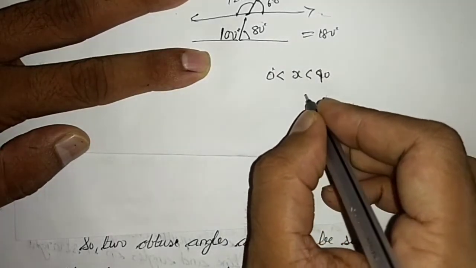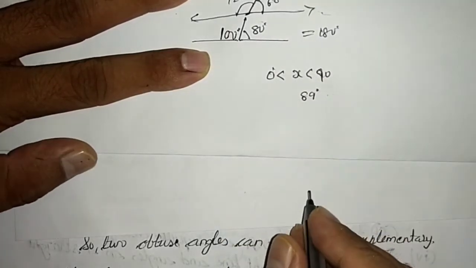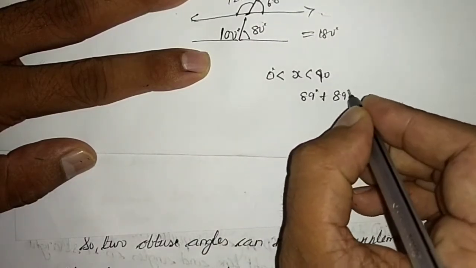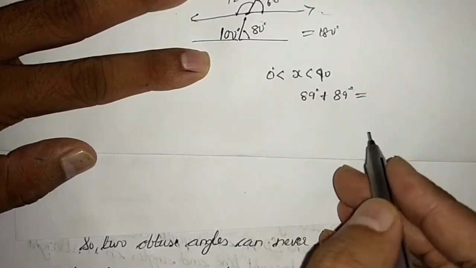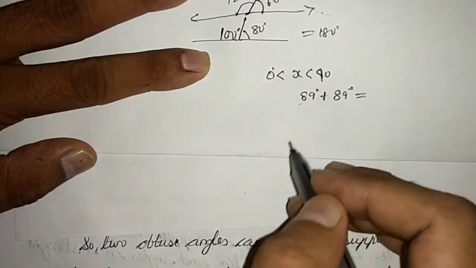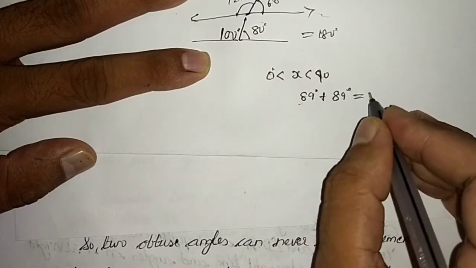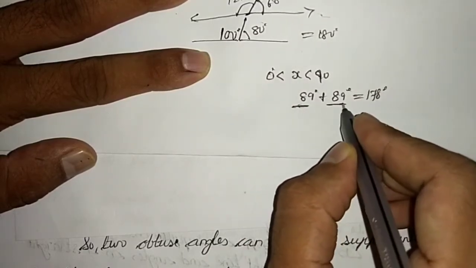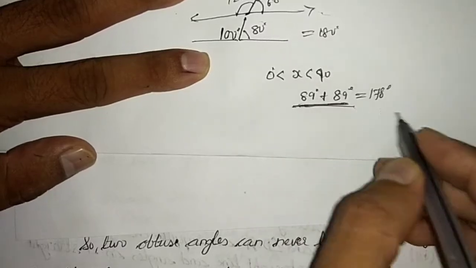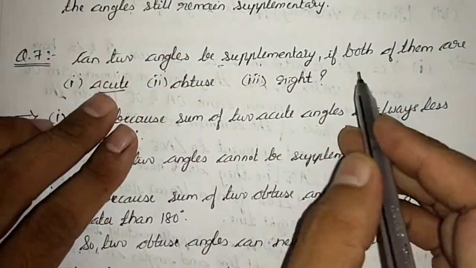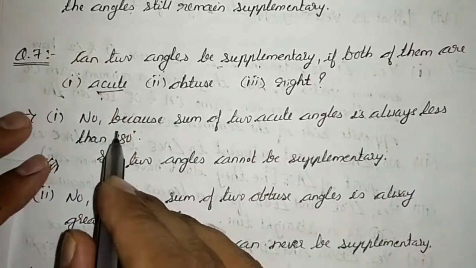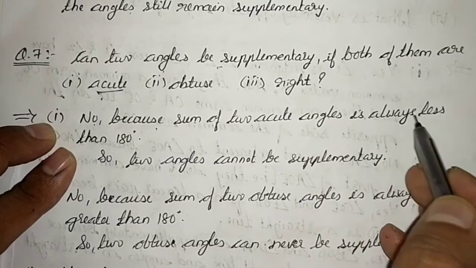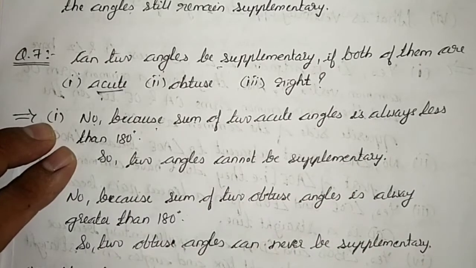Let us take 89. One angle is 89 and let us take another angle also 89 and add them. Will it become 180 degrees? 80 plus 80 is 160, plus 18, 178. So this is acute, this is acute. Will the sum of these two give us a supplementary angle? No. So we have written no, because the sum of two acute angles is always less than 180 degrees.